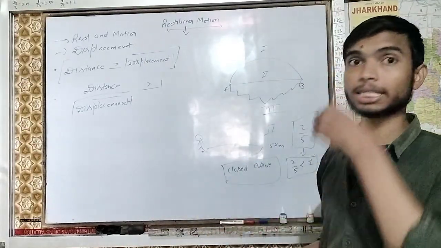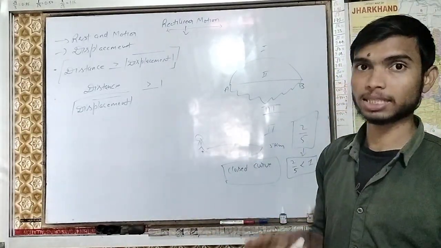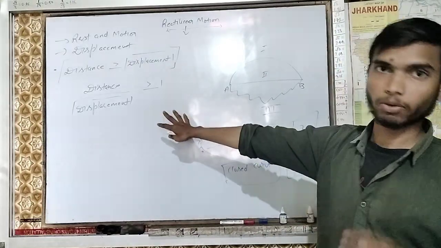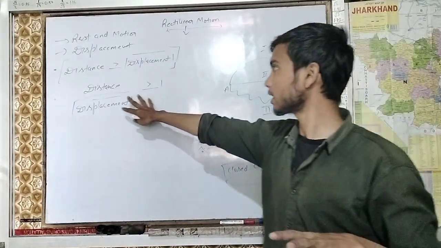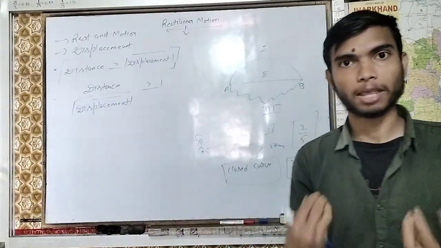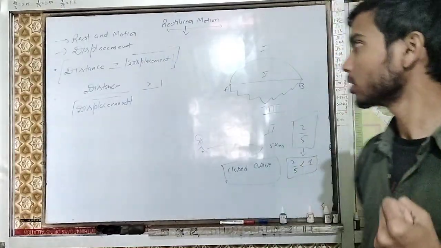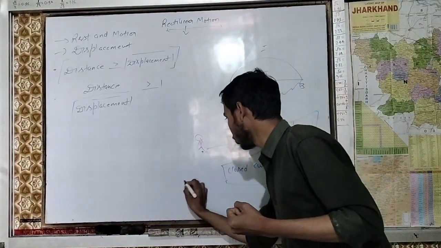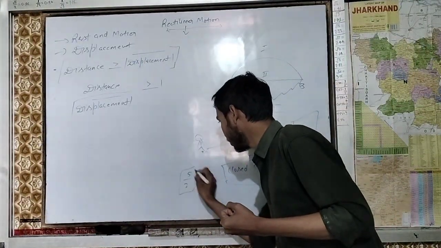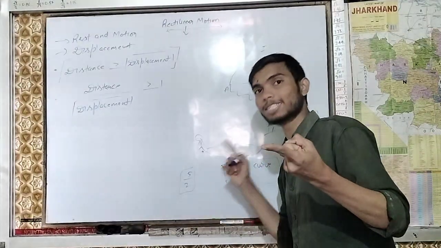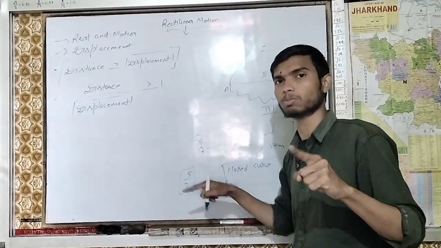If distance is greater but displacement is less, then what will you observe? You will observe that yes, the answer is going to be more. For example, 5 upon 2. Here 2 is the denominator which is less, 5 is the numerator which is more.